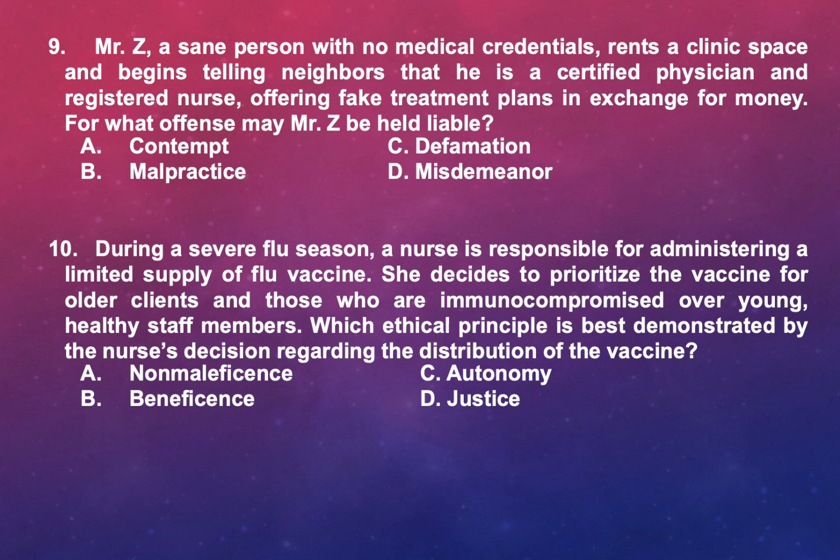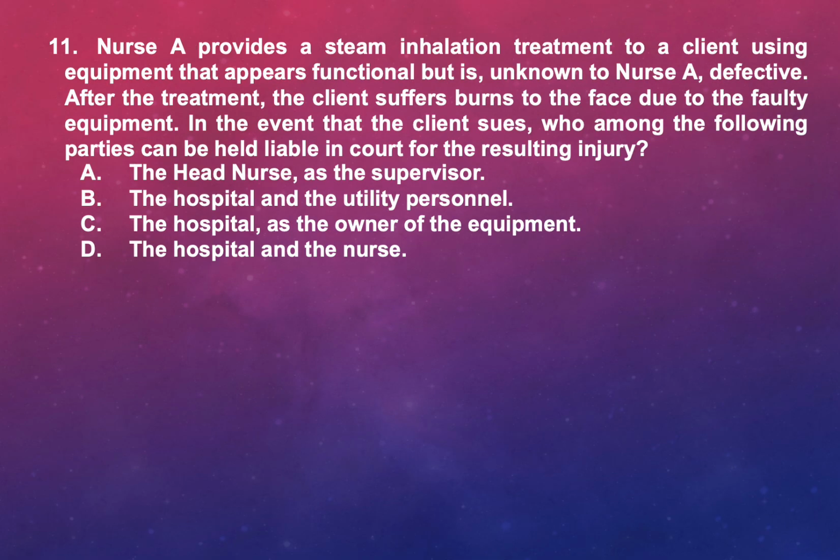And the answer is justice. So, the scarce amount of flu vaccine will be given to the most needy, because when we say it's justice, there is fairness in distribution of resources. 10 delta.